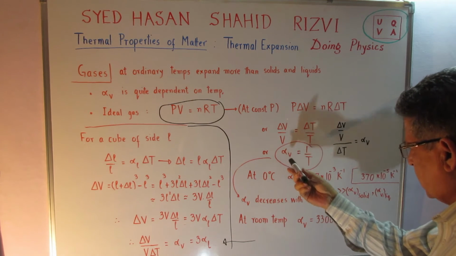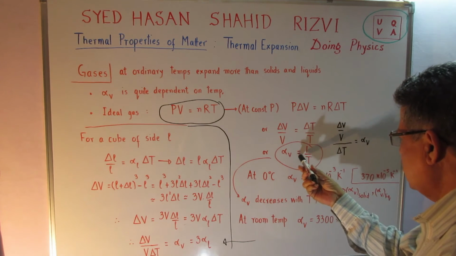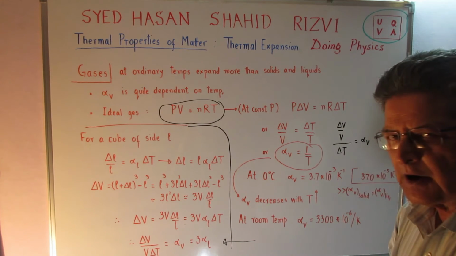So this turns out to be alpha V equal to 1 upon capital T.